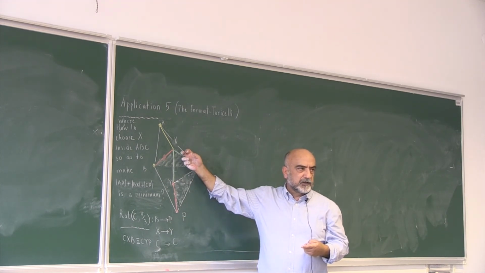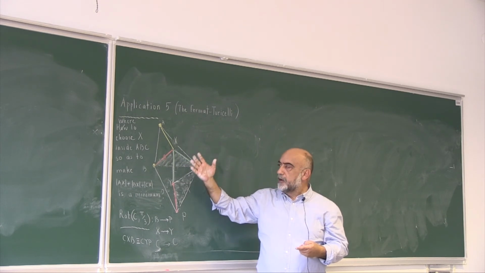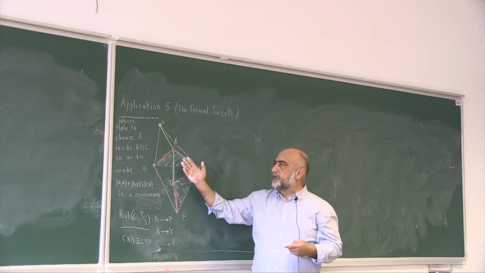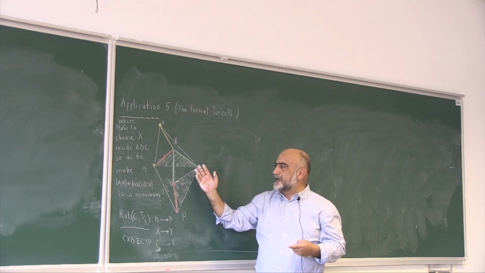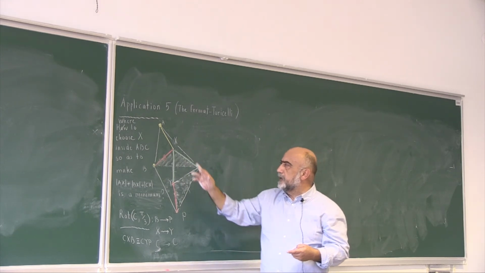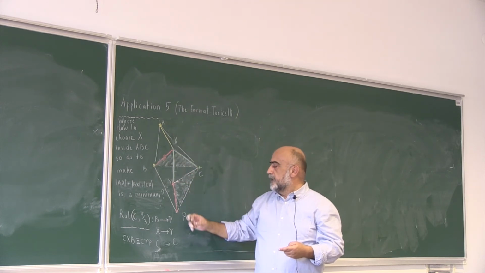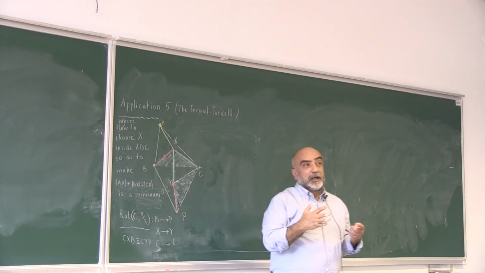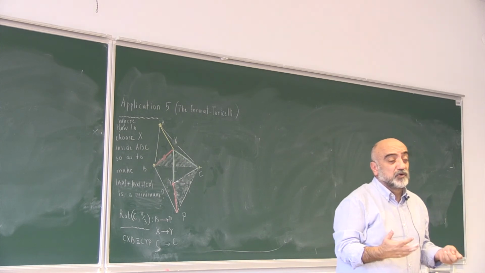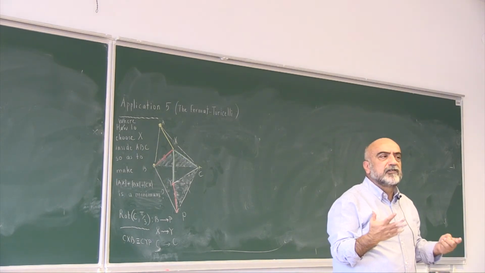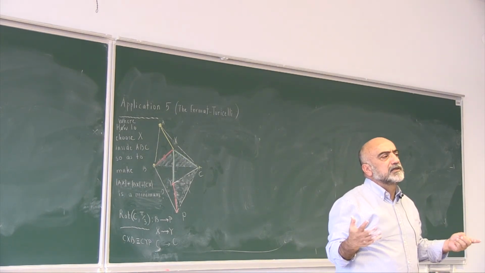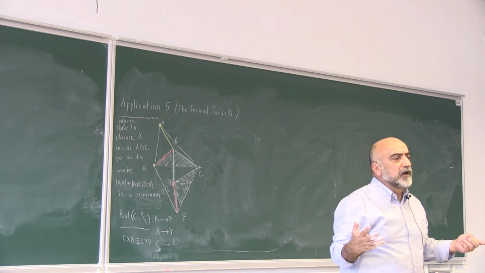A is the vertex of the triangle. And the sum of these three lengths has been broken down into the length of the broken line that joins A and P. So the question was, make this length as small as possible. How to find the minimum value?